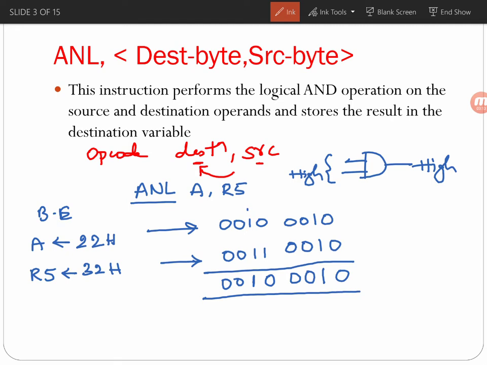So you can find that whenever both the inputs are high, the output is high. The result is 22, and after the execution, the accumulator has 22H.